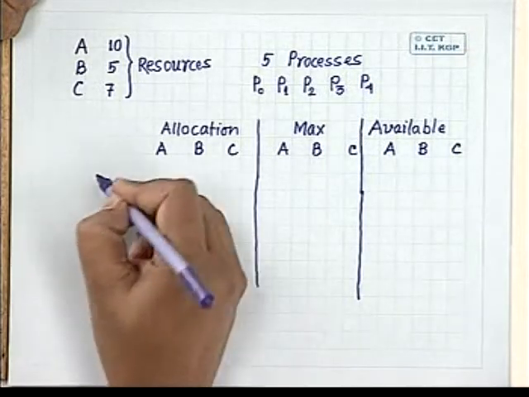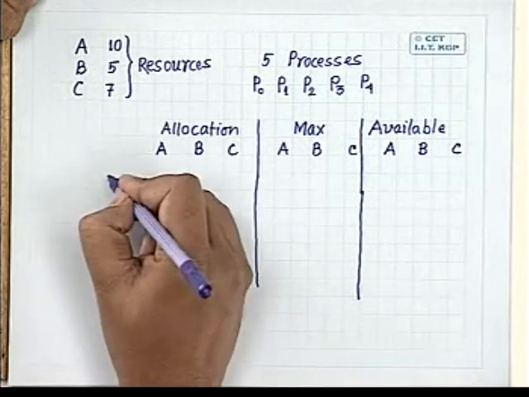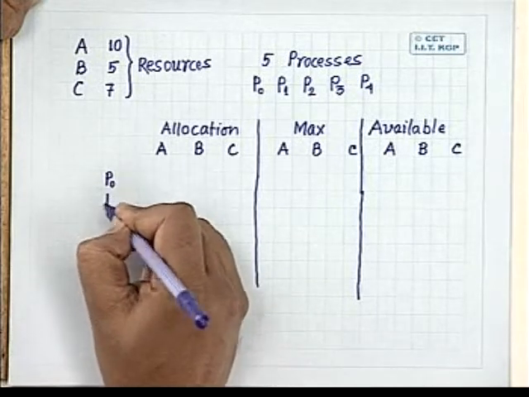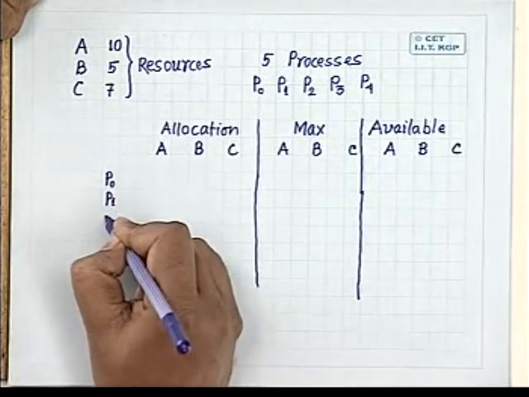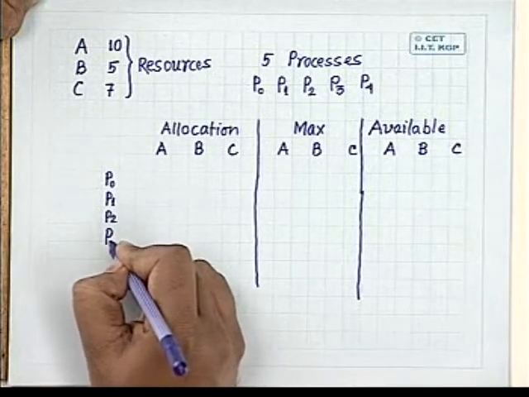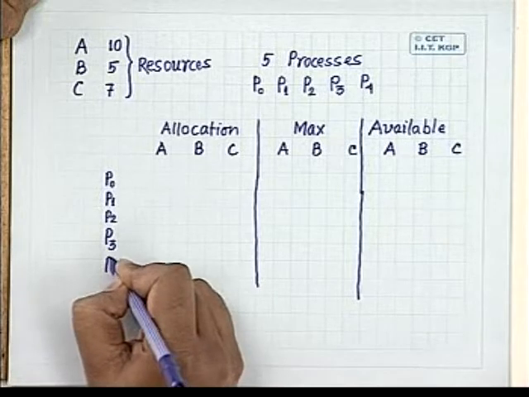And we have 5 processes, so I'll put them as P0, P1, P2, P3 and P4.